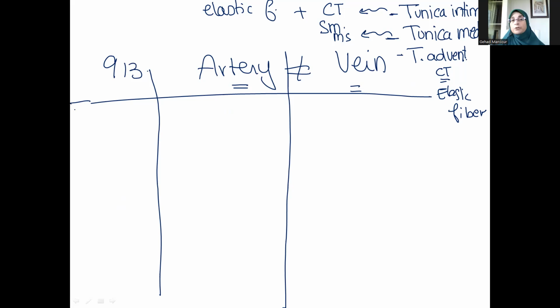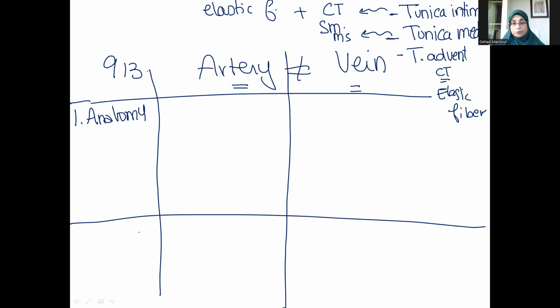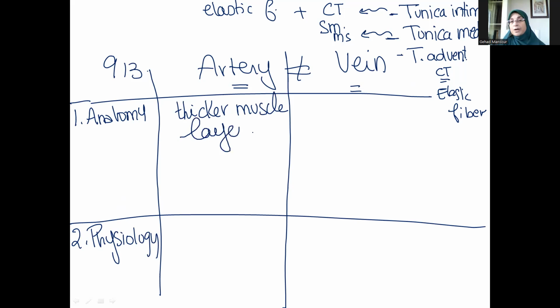Arteries, for example, if we talk about the anatomy of the artery, and then number two, we would talk about the functions or the physiology of each of the artery and vein, then the artery would have a much thicker wall because the artery has a thicker tunica media. So it has a thicker muscle layer, and the vein, of course, would have a thinner muscle layer.